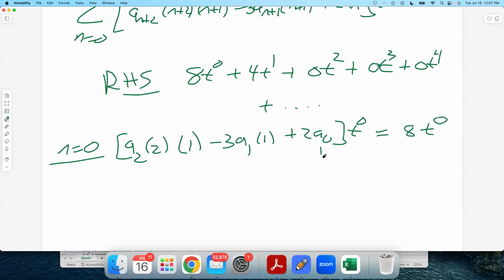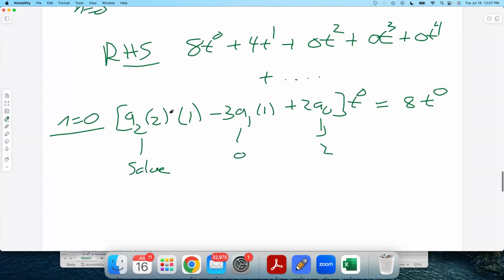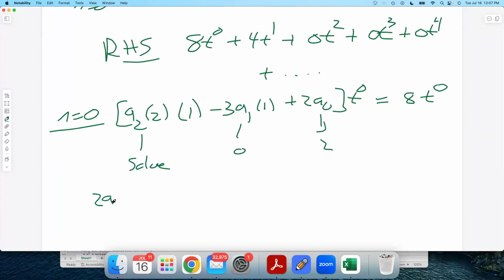I know a0. He's 2. That was one of my given conditions. I know a1. He's 0. I can solve for a2. So what do I get here? I get 2a2 minus 0 plus 4 equals 8.